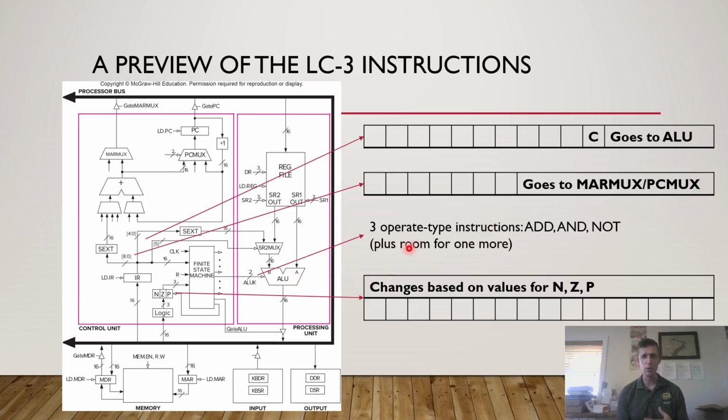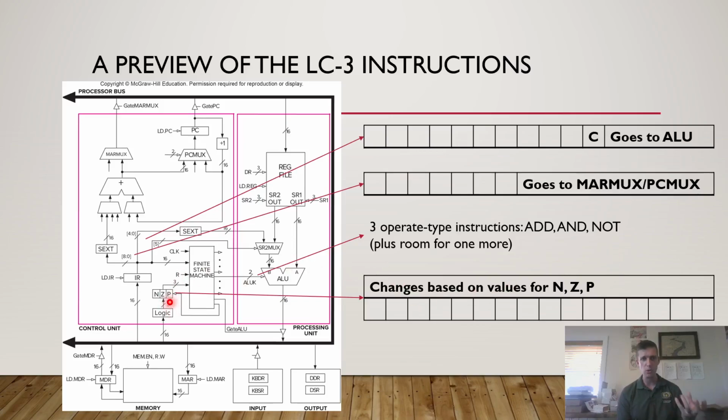I mentioned the ALU can do 3 things: add, and, not, plus one more, because we've got 2 bits here that can potentially control this. So at a minimum, we're going to have 3 operate instructions. These, add, and, and not, are going to show up somewhere in our instruction set.